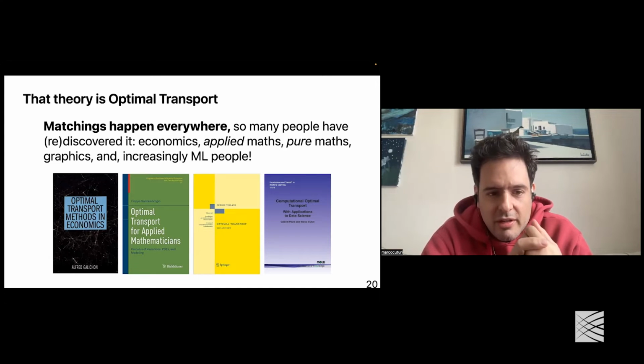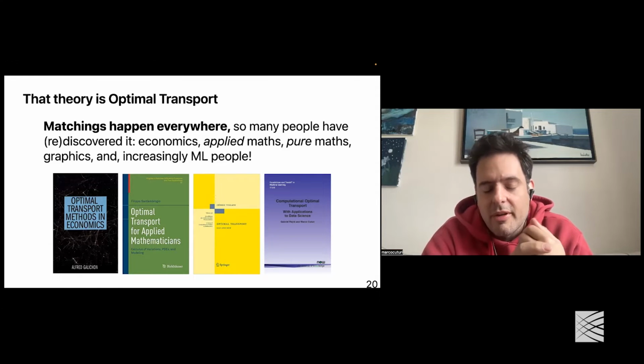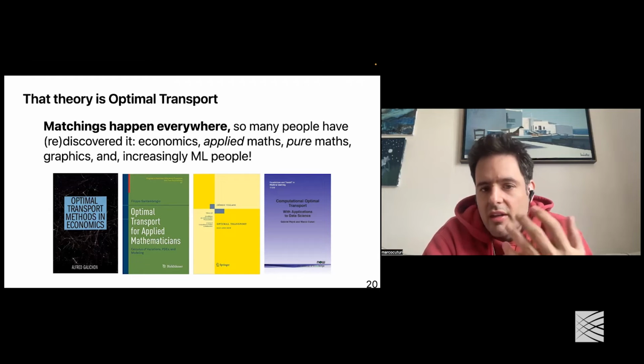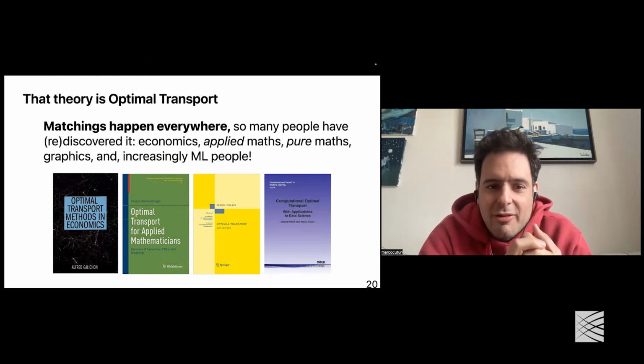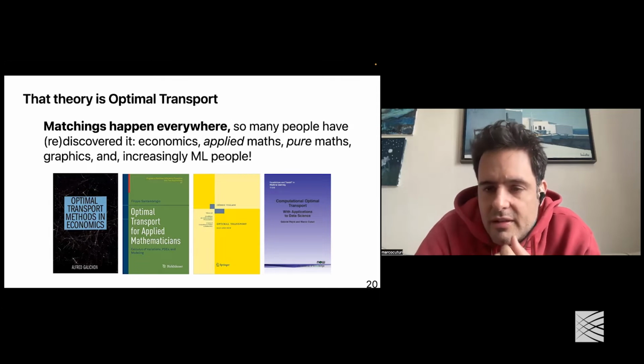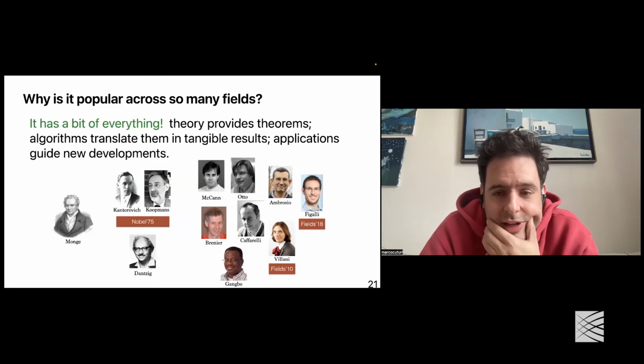The history of optimal transport really has its roots in economics, but it's also now a very important tool in mathematics, both applied and pure. And it's also something that we're trying to sell increasingly to machine learning people. So we recently wrote a book with Gabriel Peyré, which is trying to cover some of the algorithmics of this field.